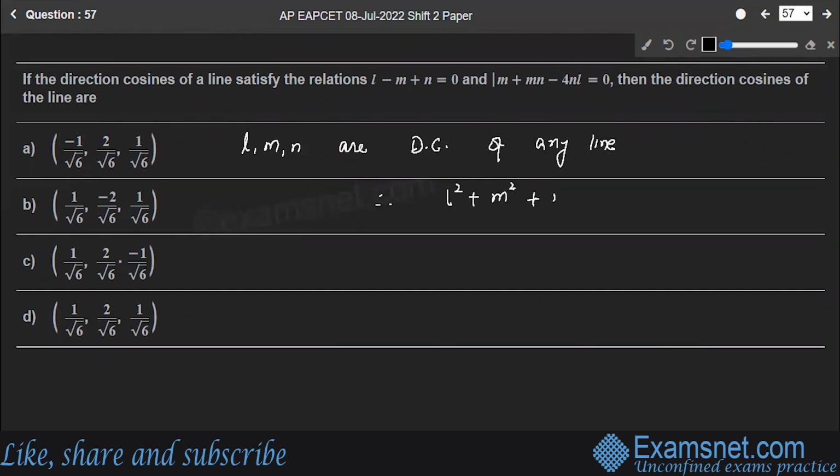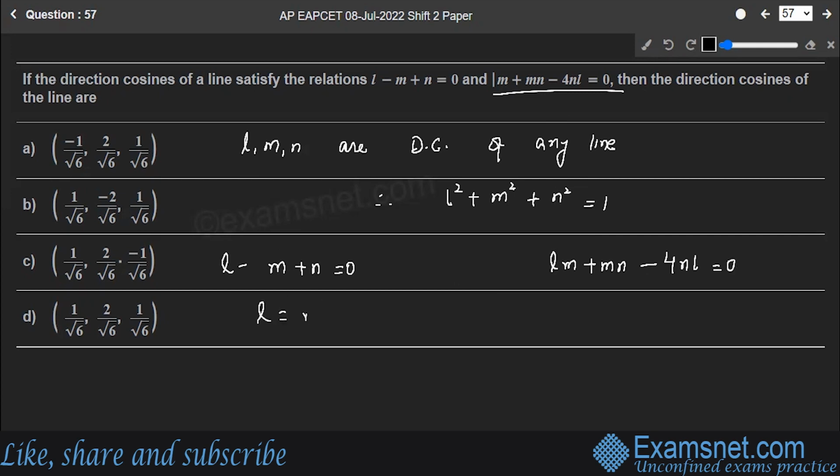L square plus M square plus N square is equal to 1. You are given two equations. First is L minus M plus N is equal to 0. And the second one is L into M plus M into N minus 4NL is equal to 0.